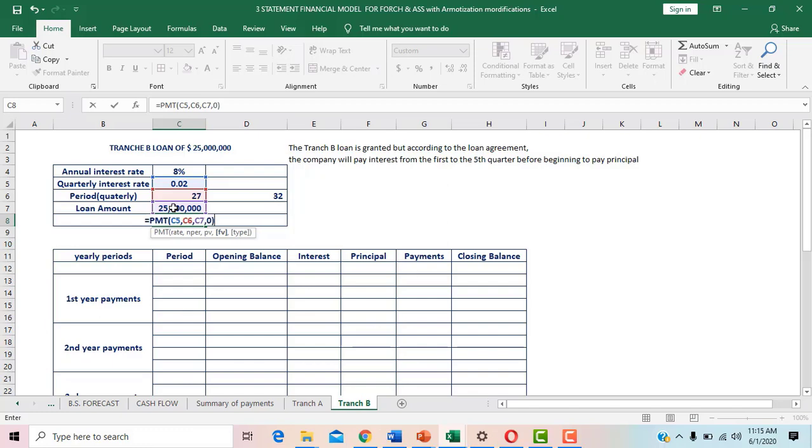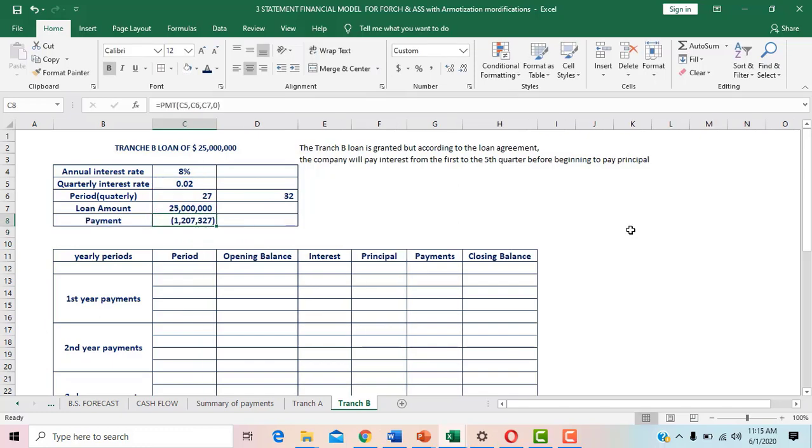We close bracket. So this tells us that we are supposed to make 27 quarterly payments of $1,207,327.